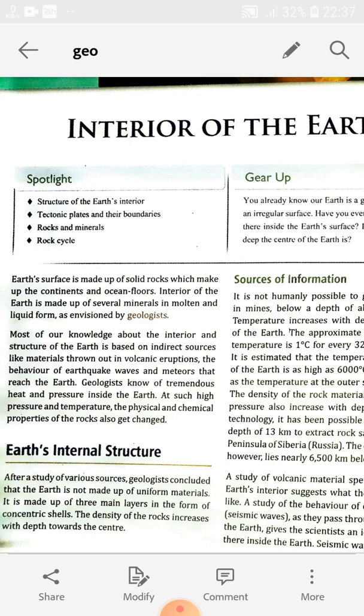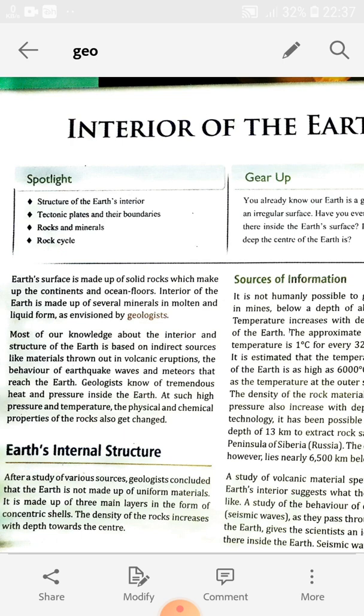Earth's surface is made up of solid rocks which make up the continents and ocean floors. The interior of the earth is made up of several minerals in molten and liquid form, as envisioned by geologists. So who are geologists? Geologists are the people who study the interior of the earth.